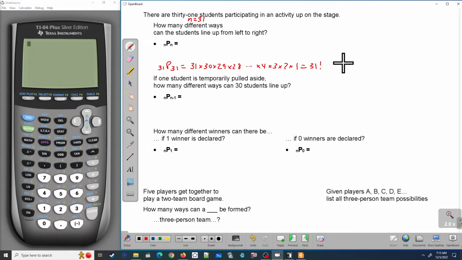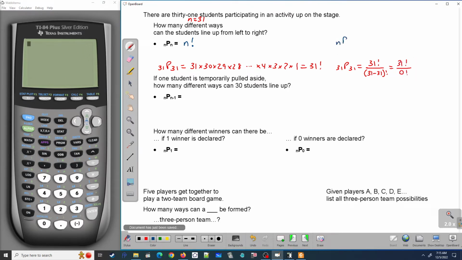So let's get right to the heart of the matter. nPn: when you take all the objects that you have at the same time and order matters, you get n factorial. But what I want to focus on right now is what would have happened if I actually had done the formula for 31P31, meaning I would have gone 31 factorial over 31 minus 31 quantity factorial, which is the same as 31 factorial over 0 factorial.